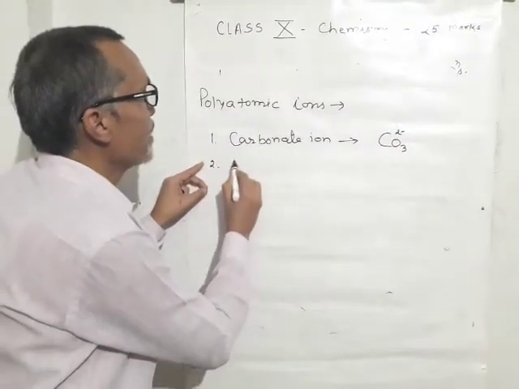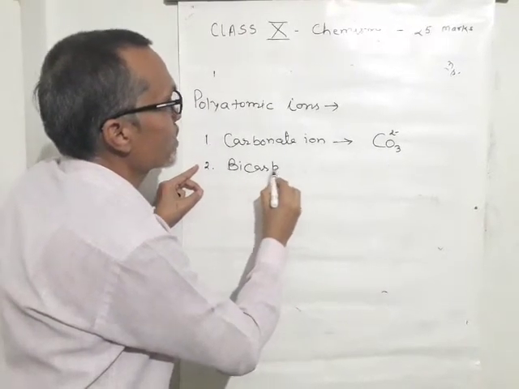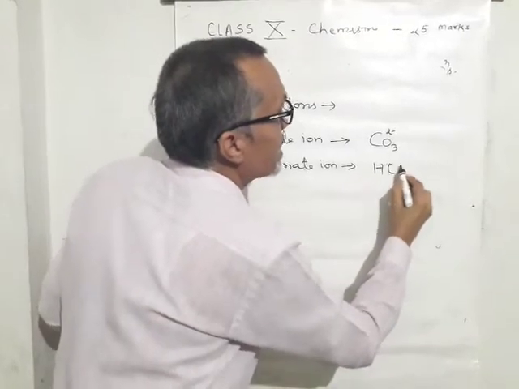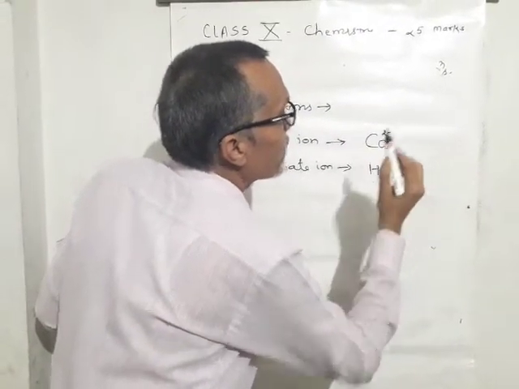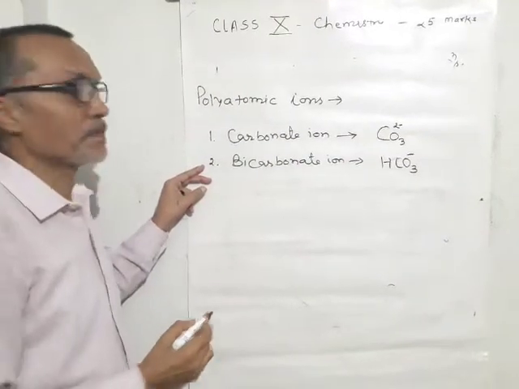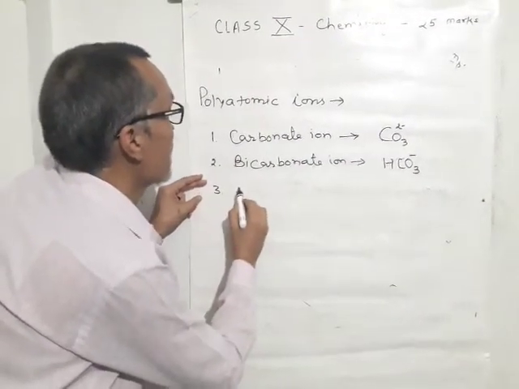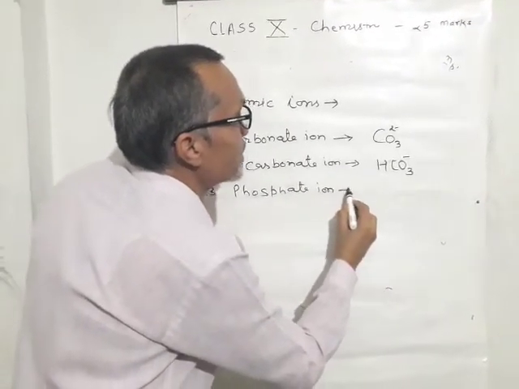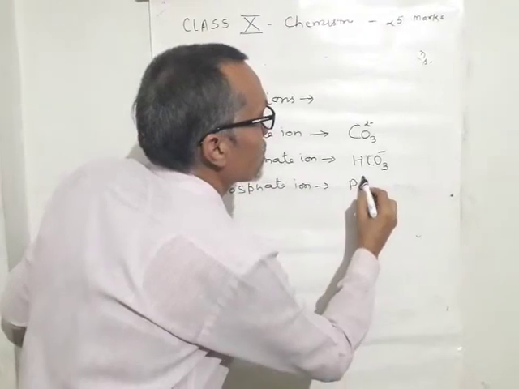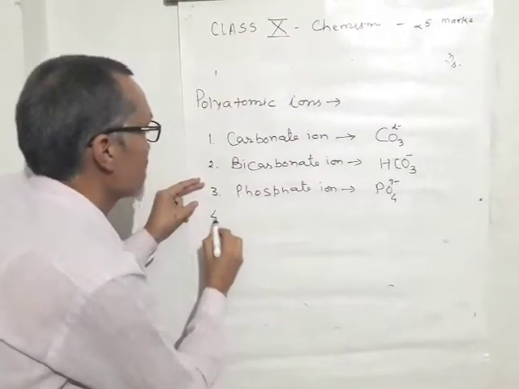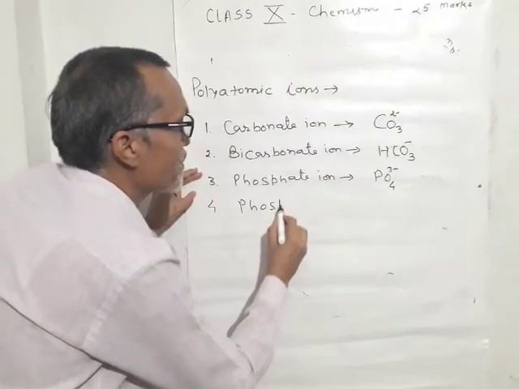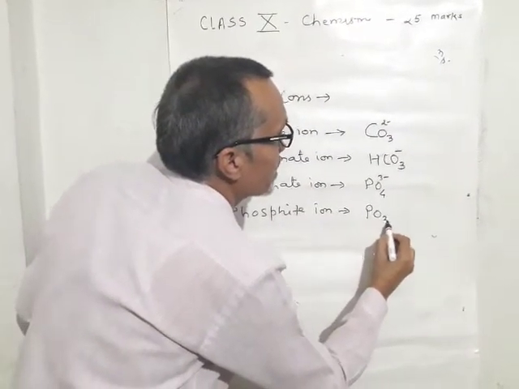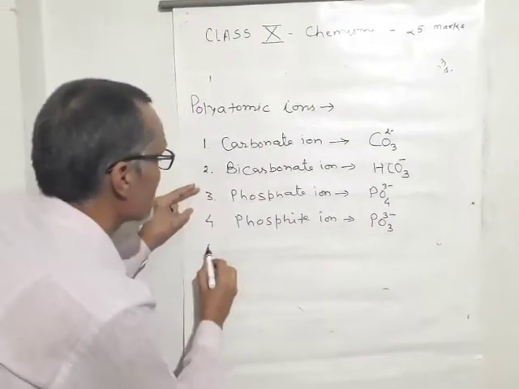Second one, bicarbonate ion. This is HCO3 to the power minus. Third one, phosphate ion. Phosphate ion, PO4 to the power 3 minus. Phosphite ion, PO3 to the power 3 minus.